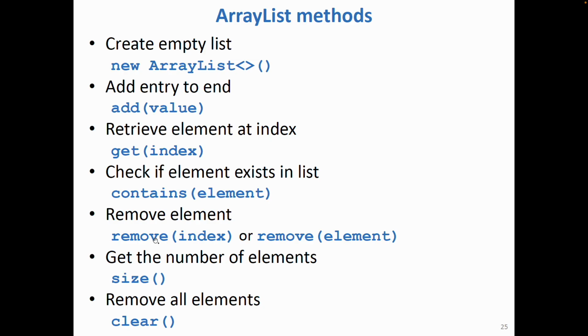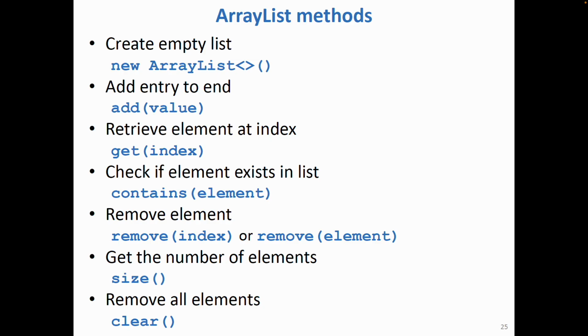Remove removes the item that has this index, so to remove the 5th item or the 6th item, you need to use this. Or you can directly put the element, like remove this desk from the list. You can put that object and then it will be removed.